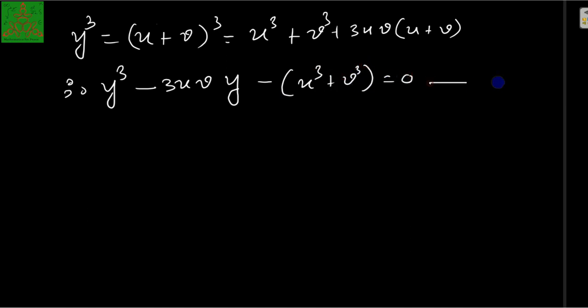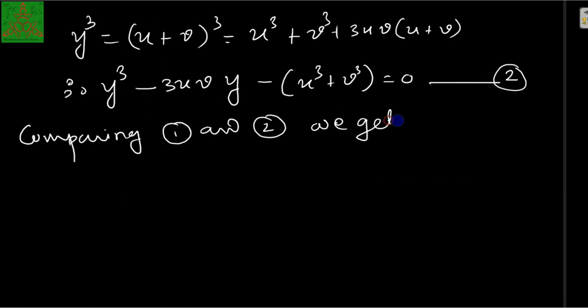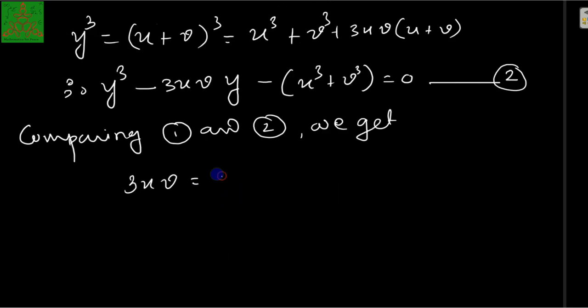If I call this equation number 2, and this equation number 1, comparing 1 and 2, we get minus 3uv equal to minus 9. So 3uv equal to 9, and u cube plus v cube, as per this, is 28.